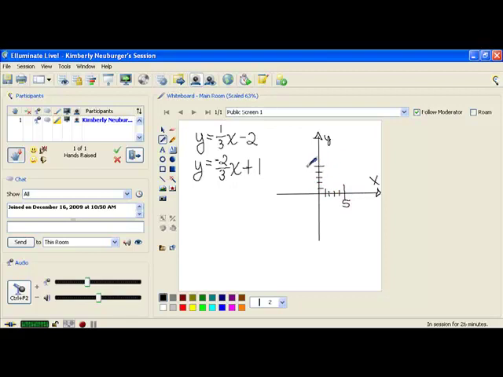Now, keep in mind that since we don't have graph paper on here, we may have a little bit of human error. It's very important to have graph paper when you do these particular problems because it's very easy to make a mistake.